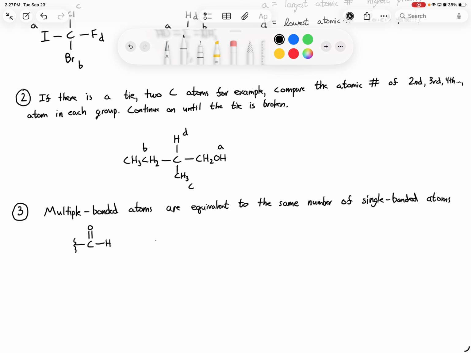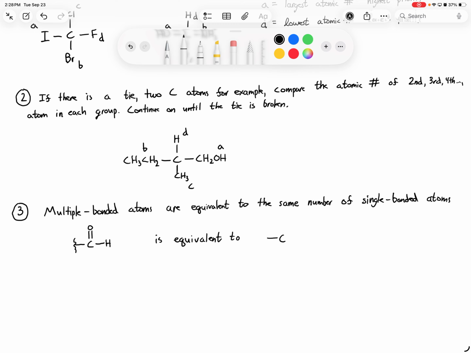So this is the same as, equivalent to, all right, so we're going to have this group here that's bonded to other parts of the molecule. So when I have a double bond, that's like I'm saying I have 2 single bonds between carbon and oxygen. So carbon has 2 bonds to the oxygen.